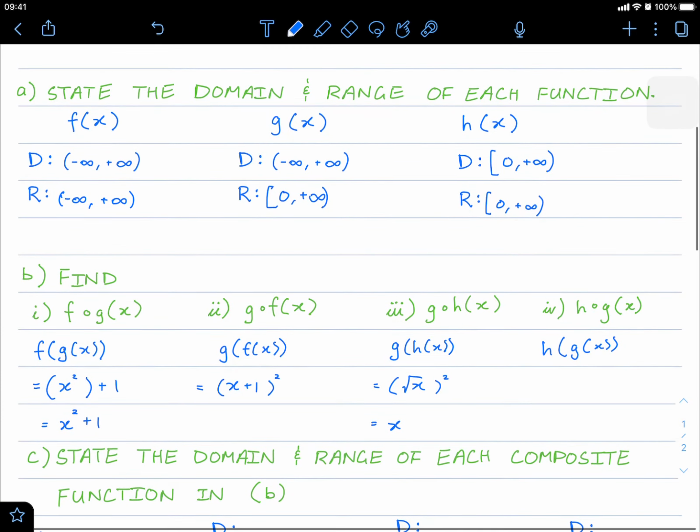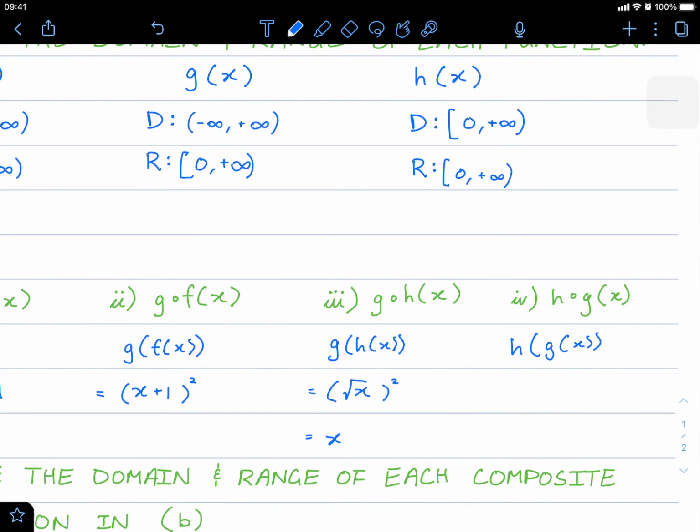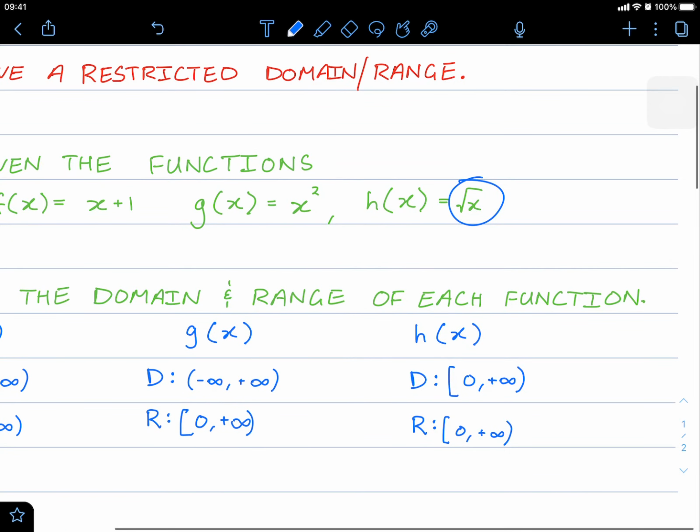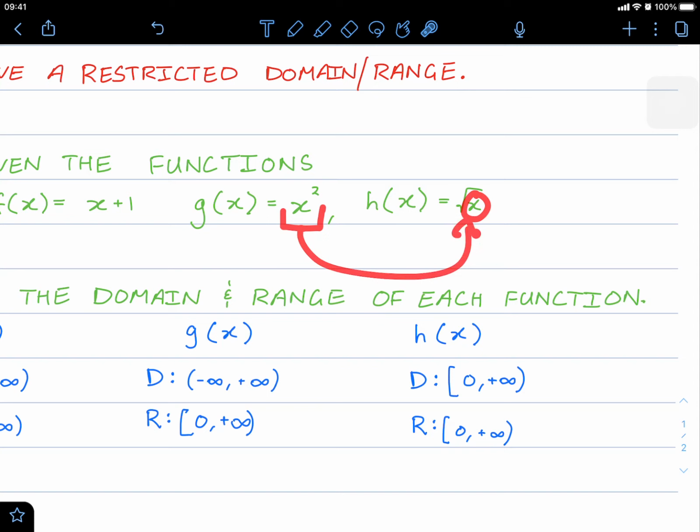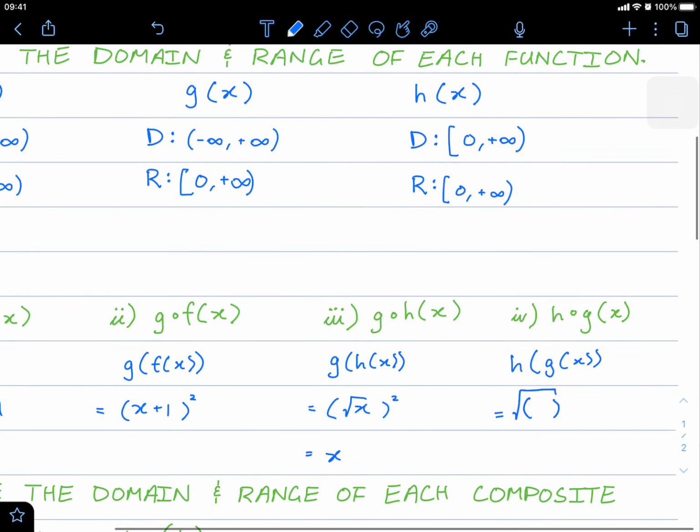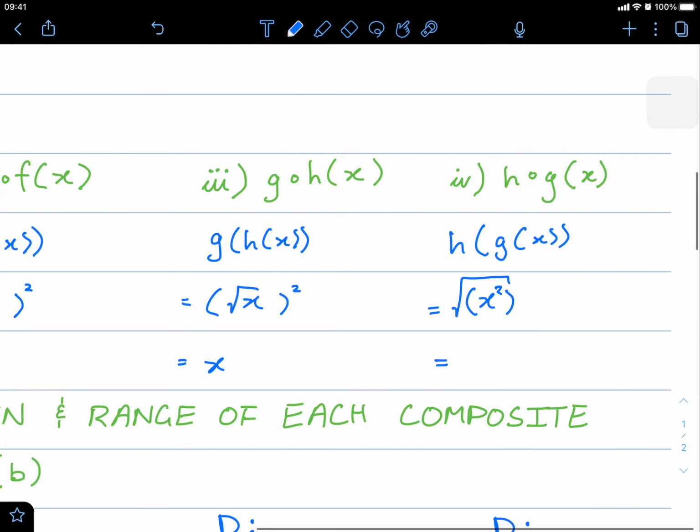And even if we were to switch this around, because now it's h of g of x, so h of x is square root, and inside of h of x, we're going to substitute x squared. So, like so. This also gives us a net result of x.